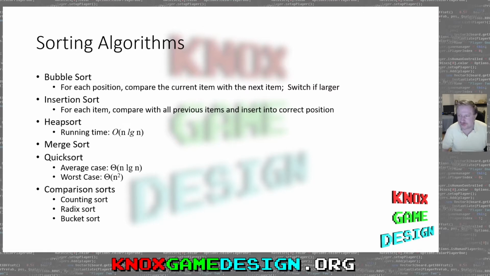So for bubble sort, you have your array of random values, and then for each value, you're going to compare that one with all of the following values. You go all the way through all the values, and it bubbles up all the way to the top until there are only values greater than that one.